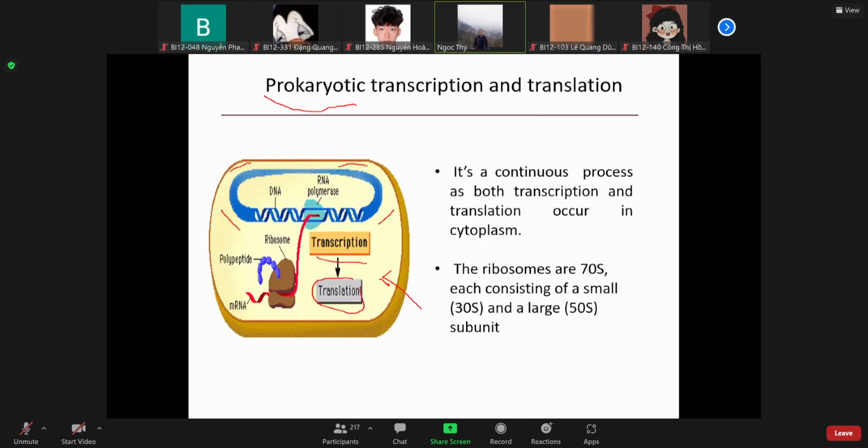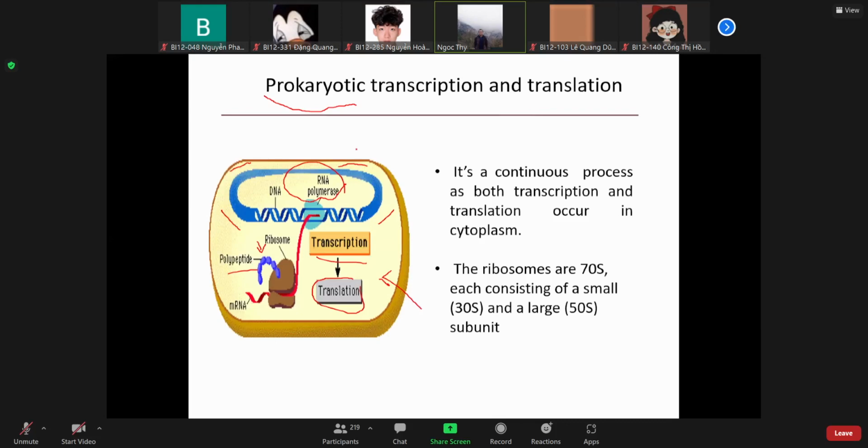As soon as the RNA polymerase or transcription factor comes and starts to synthesize the mRNA, the ribosome comes and binds immediately to the mRNA and starts to synthesize the polypeptide. Okay.